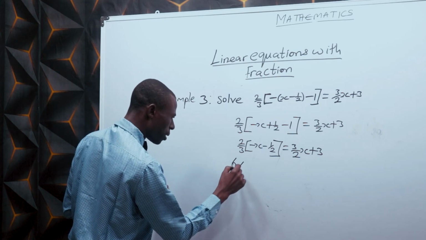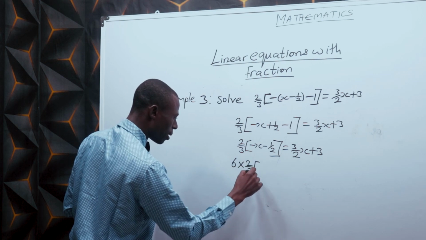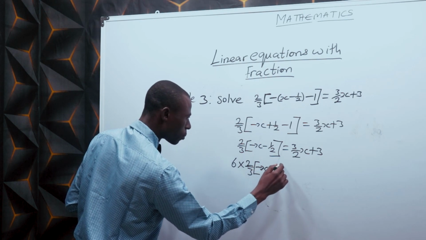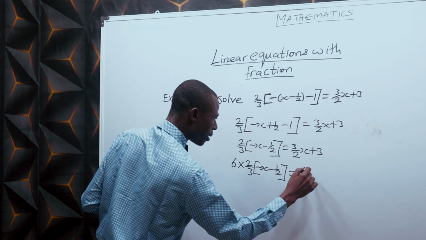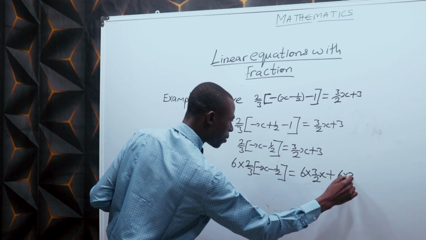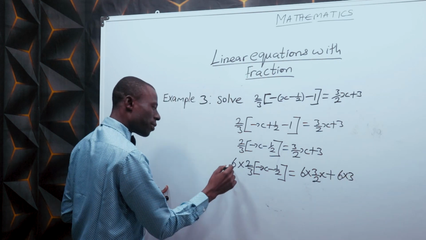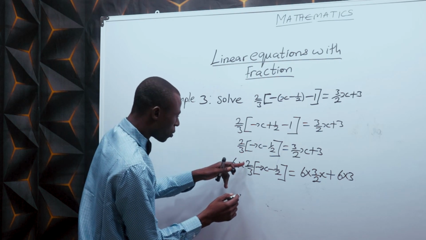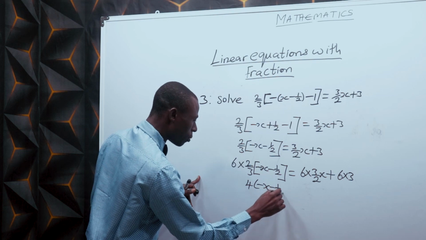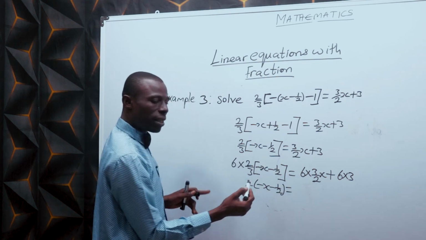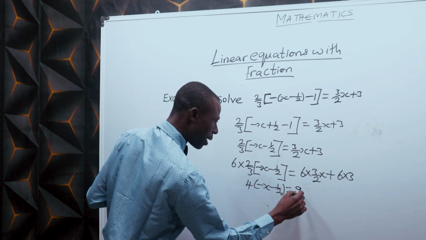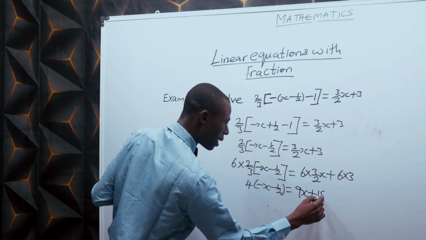You have 6 times 2 over 3, negative x, negative half, equals 6 times 3 over 2x plus 6 times 3. 3 in 6 gives 2. 2 times 2, that's 4, into negative x, negative half, equals 2 in 6 is 3. 3 times 3, that's 9, times x, 9x, plus 18.